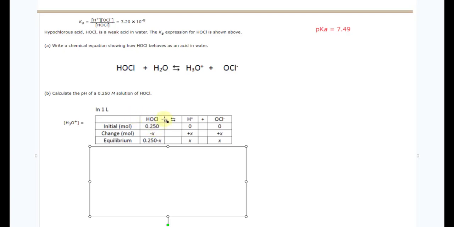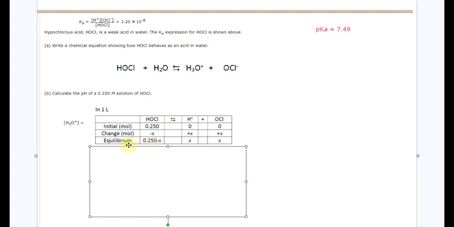So we have this original acid we dumped in, 0.25 moles in a liter of water, reduced a little bit. And some of that little bit will become the acid. That's going to determine our pH. We're going to have a little bit of our conjugate base in there. And that conjugate base, of course, is what reacts with H plus to make our OCl back again.